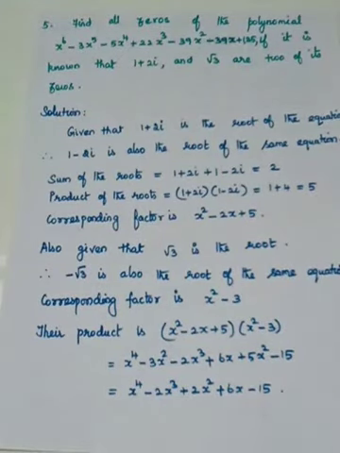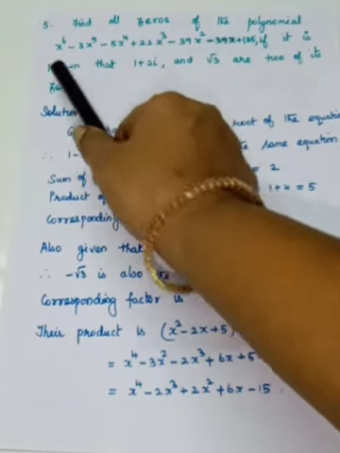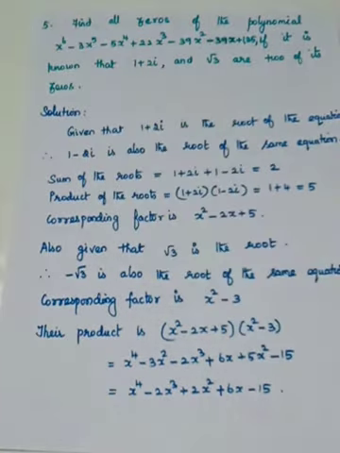Okay, so see now here it is a polynomial of degree 6. So it has 6 roots. Okay, here 2 roots are given. What is it? 1 plus 2i. So 1 plus 2i is a zero of the polynomial.